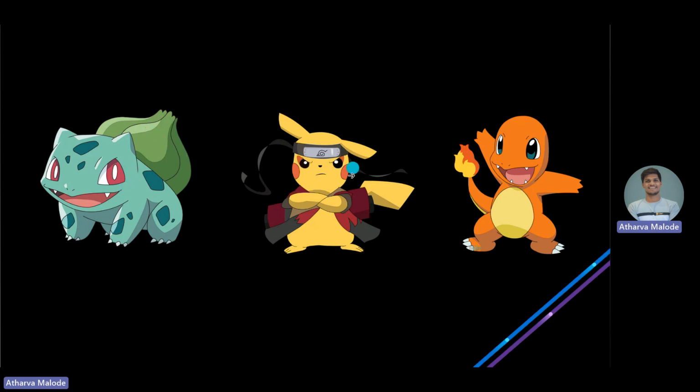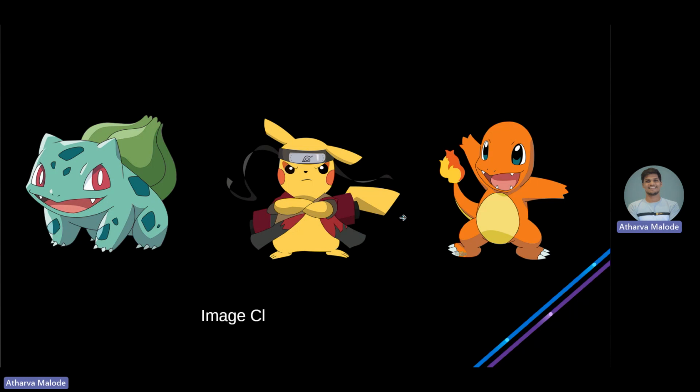It will try to identify the fat tail of Pikachu. It will try to identify fire in the Charmander. So whenever a new image is shown, it will try to compare these features with the new image. Is there any fire symbol? No. Is there any fat tail like Pikachu? No. Is there any lotus? Yes. So it must be Bulbasaur, right? So this type of problem is basically known as a classification problem, an image classification problem, because we are dealing with images, right?